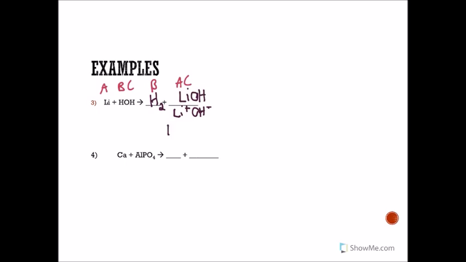Again, good practice to write it out. I'm going to write it out as H2O. I find that a little bit easier than HOH. H2 plus lithium hydroxide. We do our states. An element by itself is solid. If it's a diatomic, it's a gas.